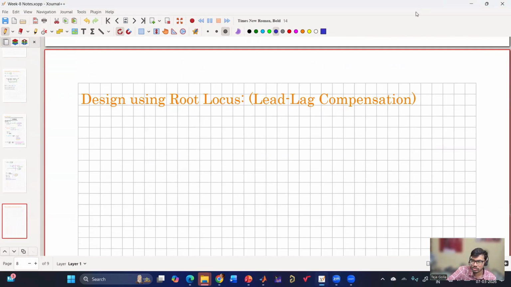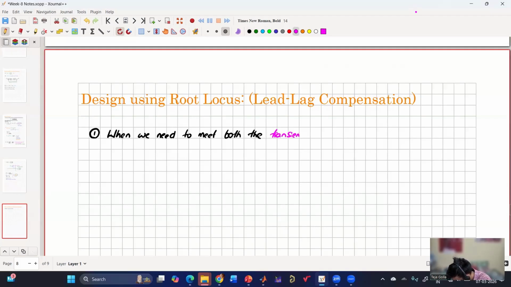Okay, now we'll move to the final topic of today's discussion, which is lead lag compensation. So when are we going to use this? The first thing is when we need to meet both the transient response and steady state error requirements.